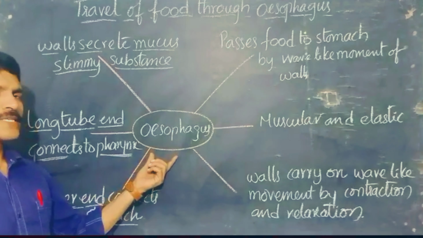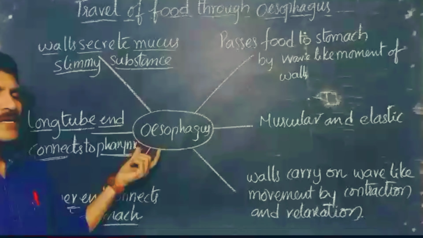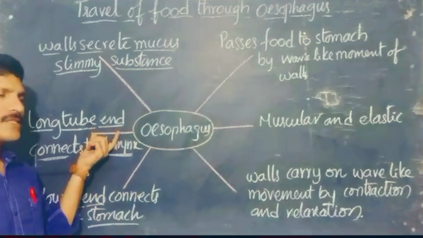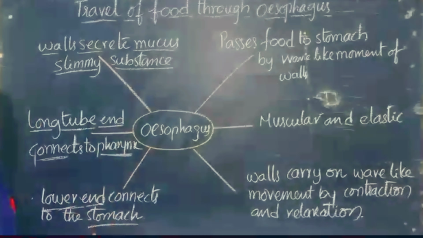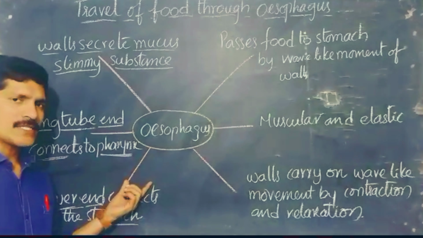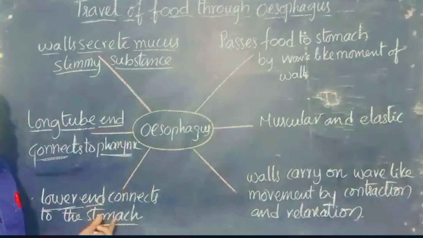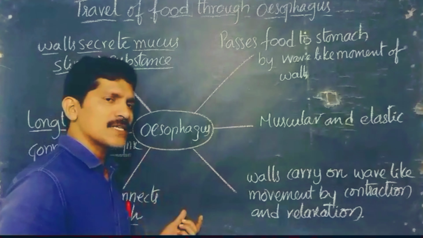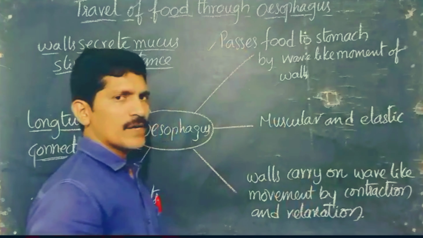So the esophagus is a tube-like muscular structure provided with a mucous membrane. One end starts with the pharynx and the other end ends with the stomach. In other words, the esophagus is a tube-like structure connecting the pharynx to the stomach. Now, what is the particular function of the esophagus?